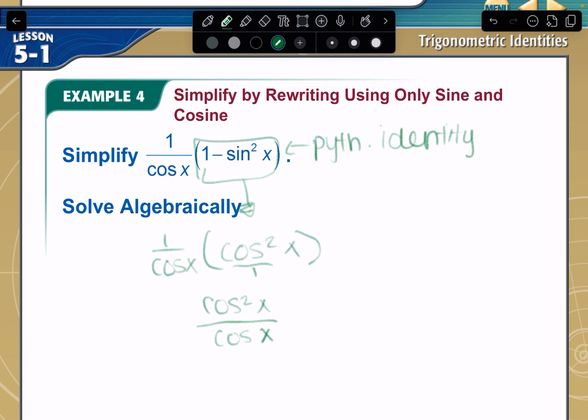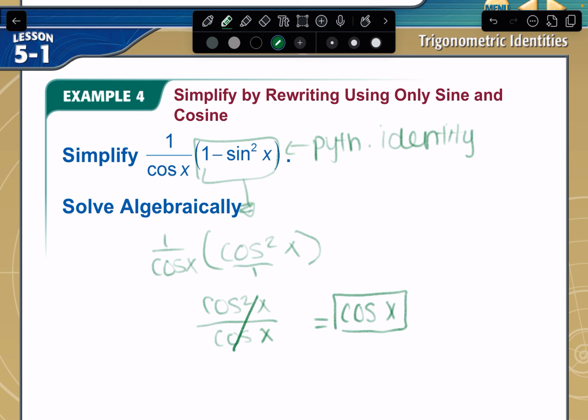From this point, if I have cosine squared x divided by cosine x, they both have a cosine included in them that I can cross out, which would leave me with a cosine left in the numerator, and that is where my answer is coming from.